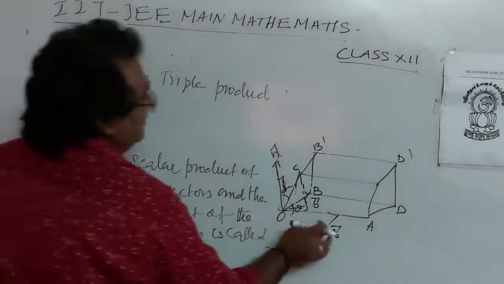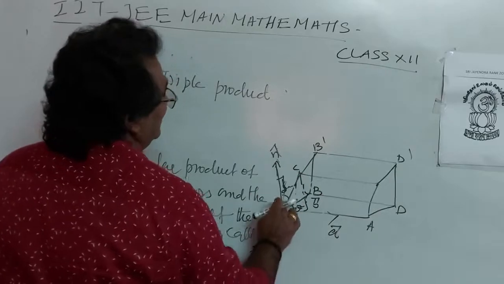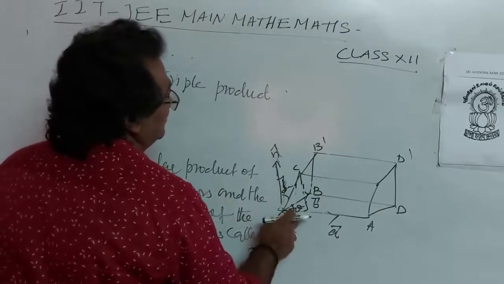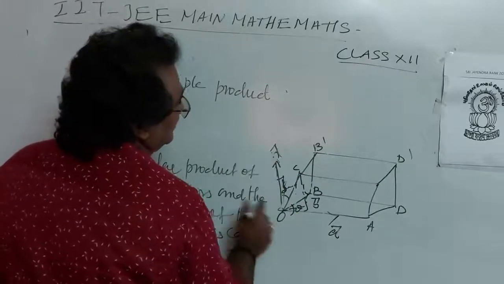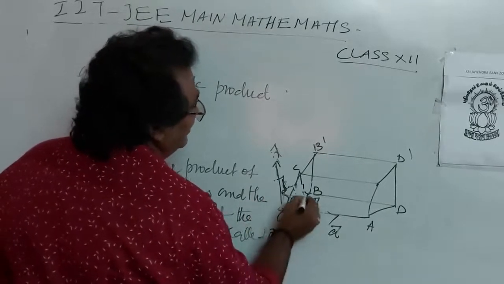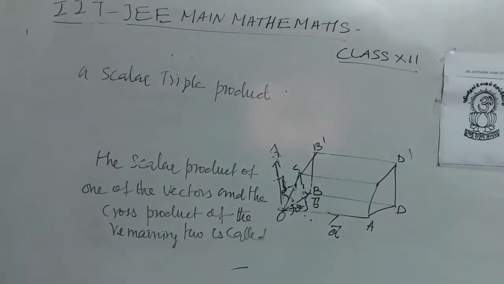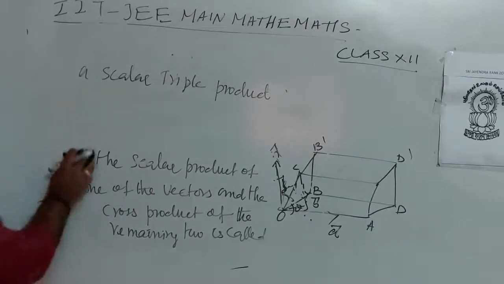So A vector, B vector, C vector. A cross B is perpendicular to A and B, that is n cap. The angle between C vector and this is phi. Angle between A and B is theta. This forms a parallelopiped.